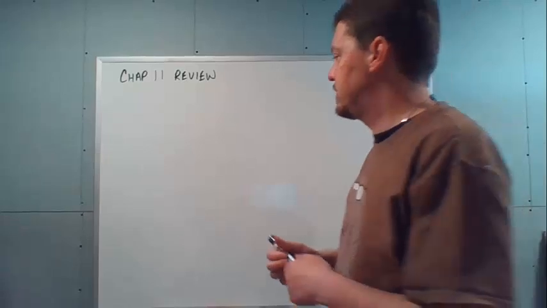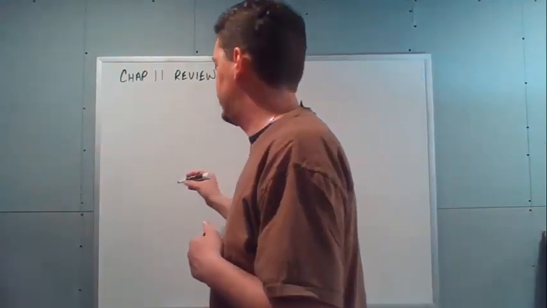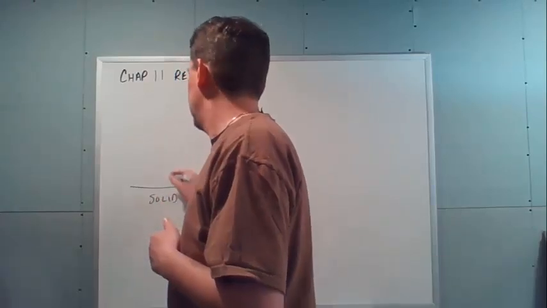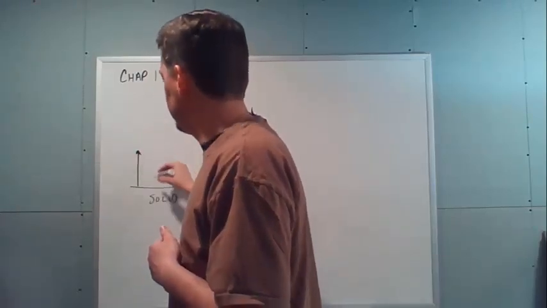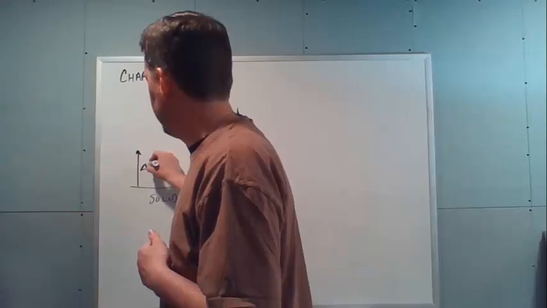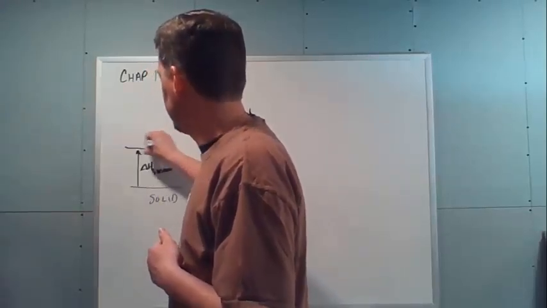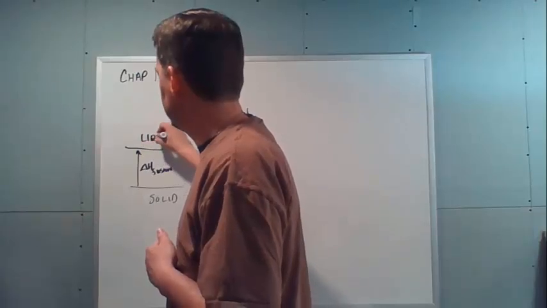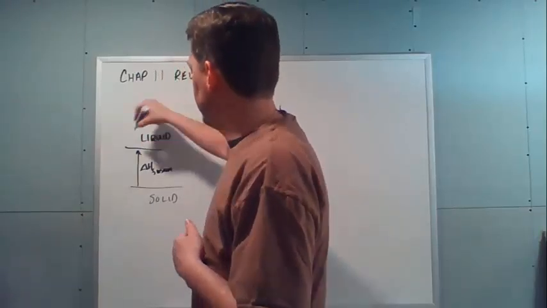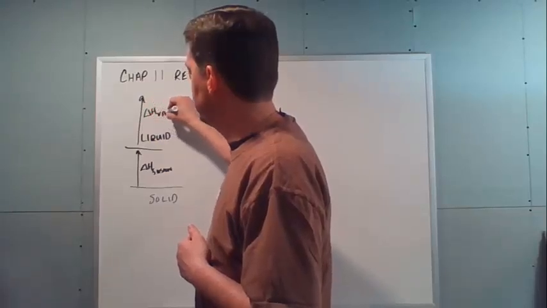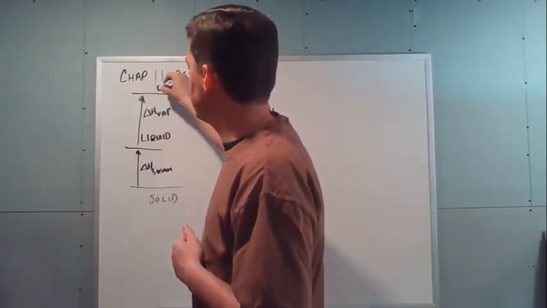All right, so the first thing is that if you have a solid, we know that it takes a certain amount of energy, which we call the heat of fusion, to turn that into a liquid, and then it takes a certain amount of energy called the heat of vaporization to turn that into a gas.